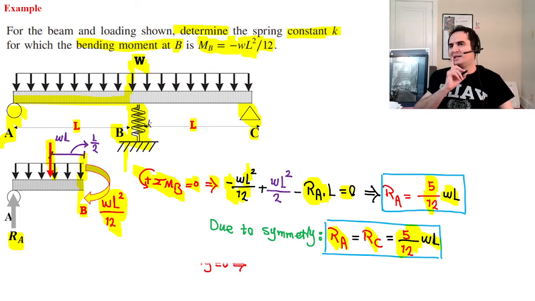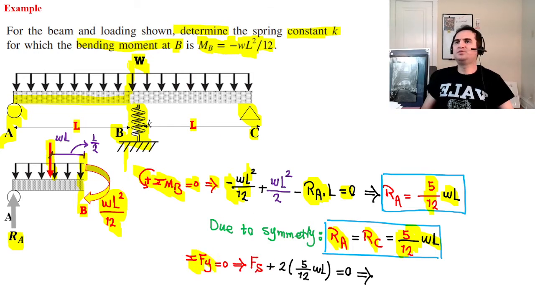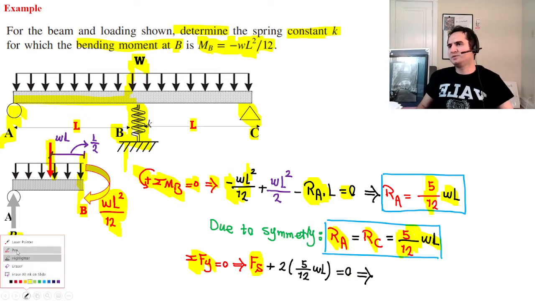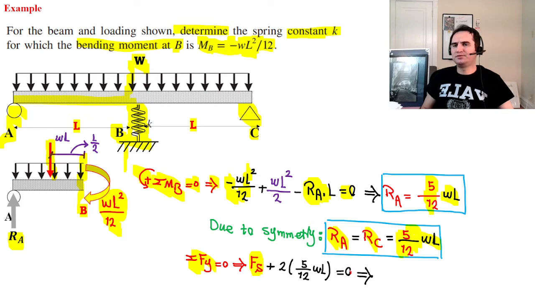By summation of forces in the y direction equal to zero, the forces must balance the total applied load of 2WL.